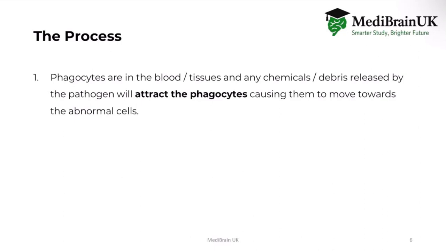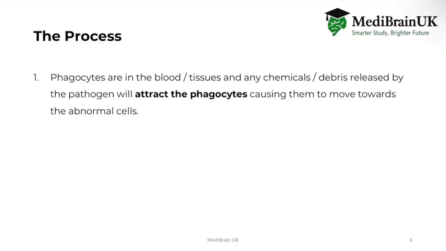If it's a pathogen which has entered your body, that pathogen will release certain chemicals, and these phagocytes will detect that release of chemicals. And they will be attracted towards the chemicals or towards the abnormal cells.